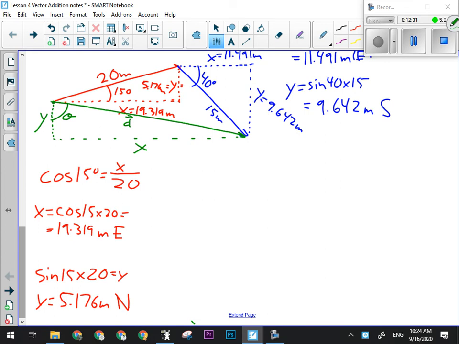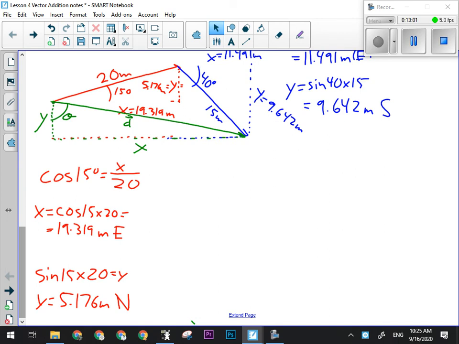I take the two X components and I add them. That's where the name vector component addition comes from. I'm going to add the X components together to find out my total X, and I'm going to add the two Y components together to get my total Y. If we look at this, I can take this line here and this line here, and they add up to the green line, do they not?